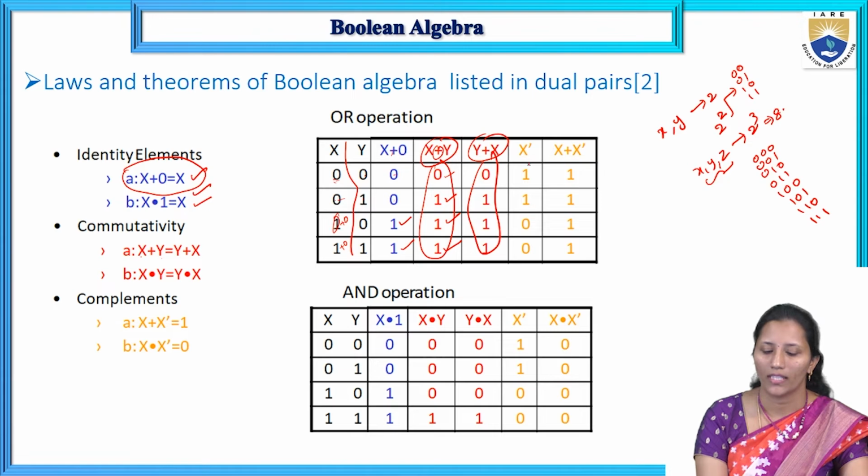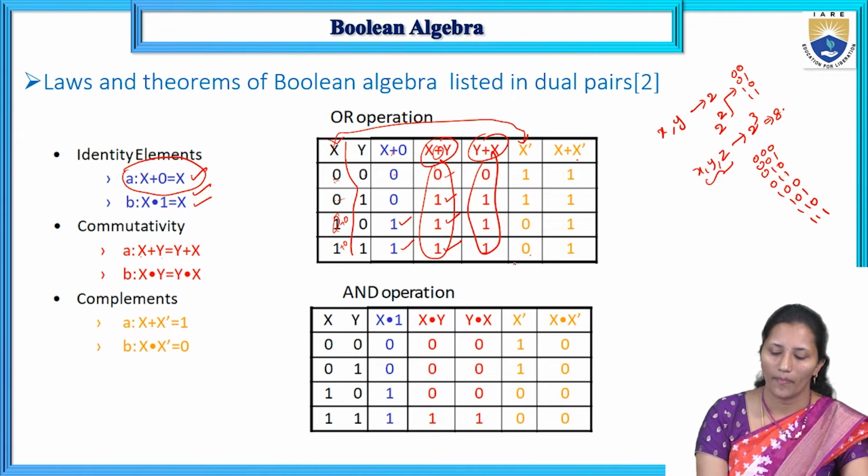Okay. So x bar we have to find and x plus x bar. X bar means complement of x value. 0 will become 1, 0 will become 1, 1 is 0, 1 will become 0. X plus x bar. So OR operation between these two. Okay, x plus x bar. So by writing this truth table, we can observe this x plus 0 is equal to whatever x values we are getting, same x values here.